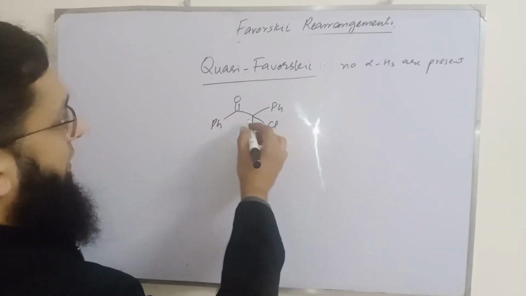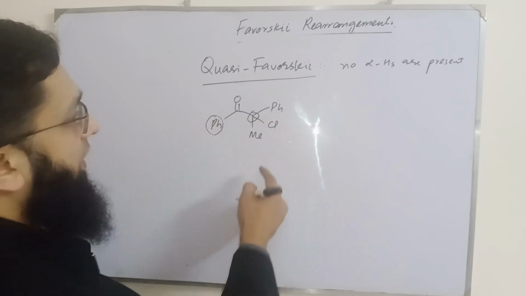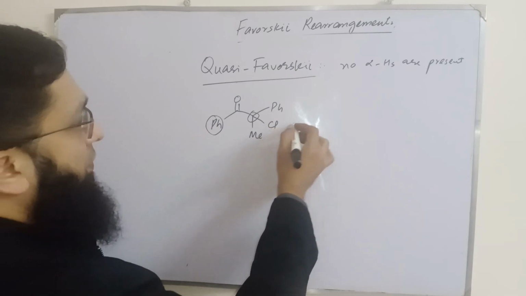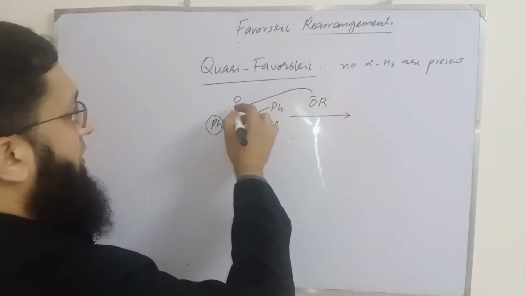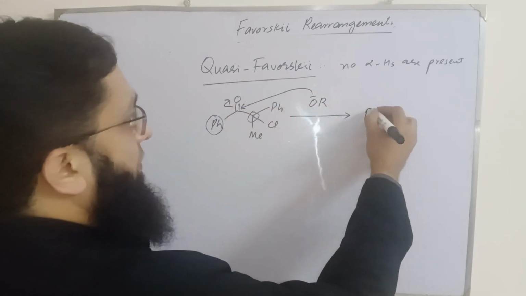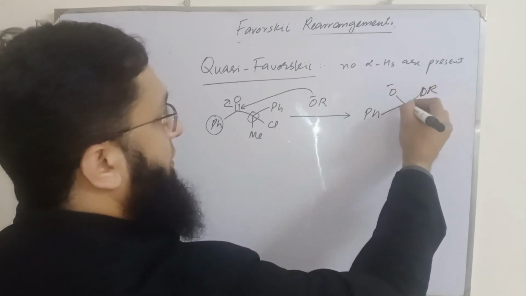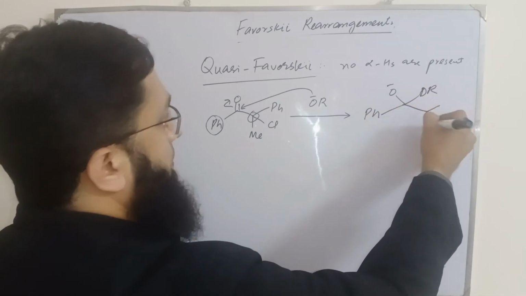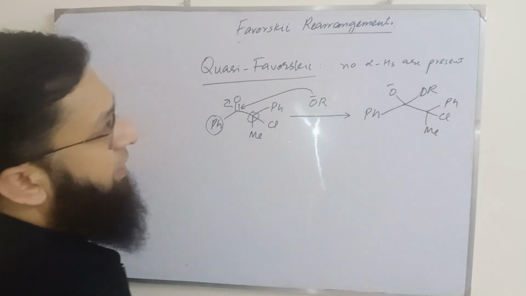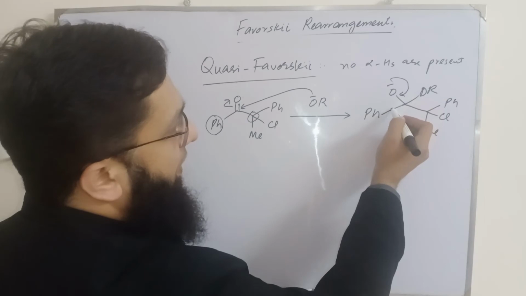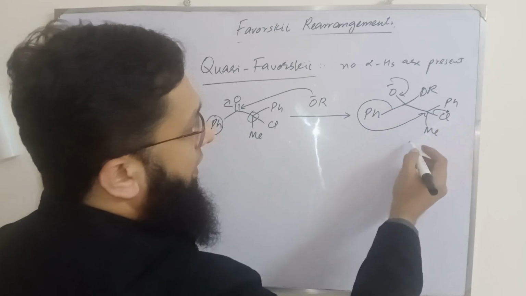So this is a molecule. In this case, we have phenyl on one side of the ketone, on the other side all 3 positions are occupied, and one of them is a halo group. So this is an alpha haloketone, and for example, if it is attacked by alkoxide, this bond would break. We would get this intermediate, and in the next step this bond would break, and this would migrate to this carbon, and the leaving group would be eliminated.